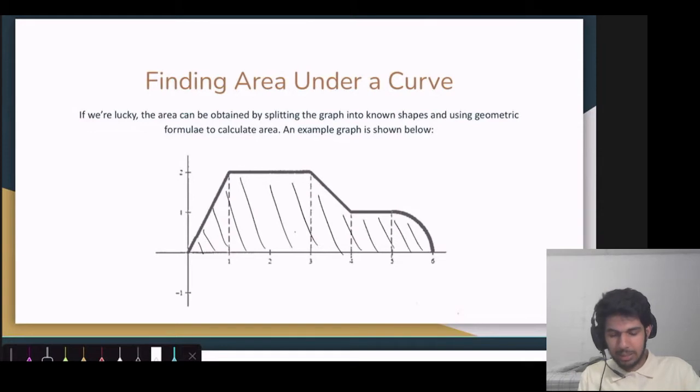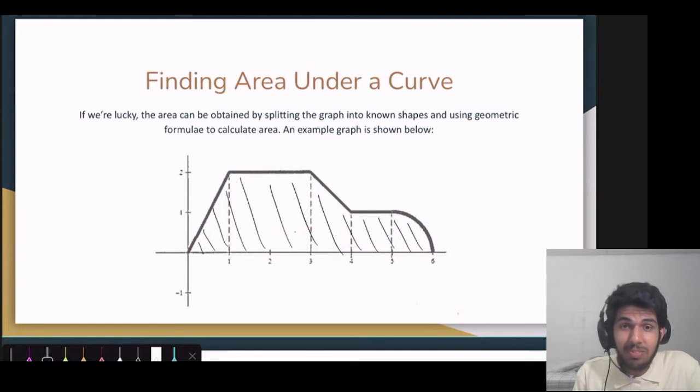And we have these dotted lines that we drew in, and we're like, okay, I can figure out the area of this. That's just the area of a triangle. And then this is the area of a rectangle, so that's pretty easy. This is the area of a trapezoid, so that's also easy. Another rectangle here, and then that looks like a semicircle. So I can sum those all together.